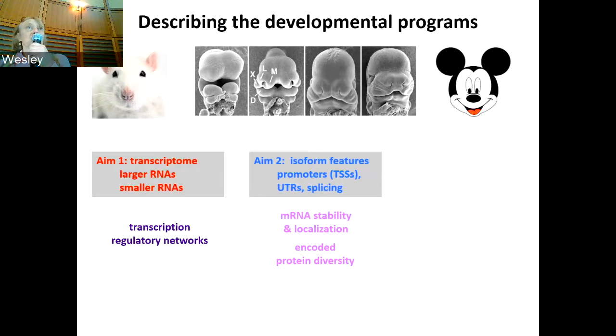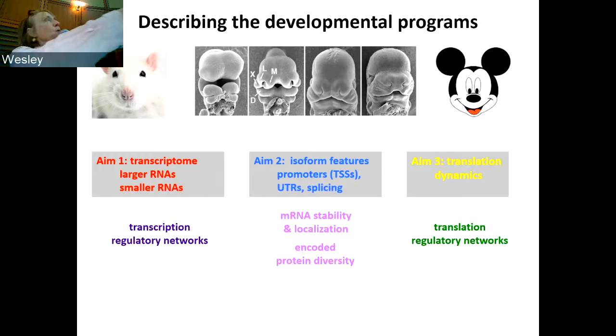In addition, because of the issue of the dynamics, there are lots of regulatory features that are embedded in these RNAs, particularly in the UTRs, differential uses of promoters, differential splicing, that will affect the regulatory potential and the dynamics of these messages that are encoded.